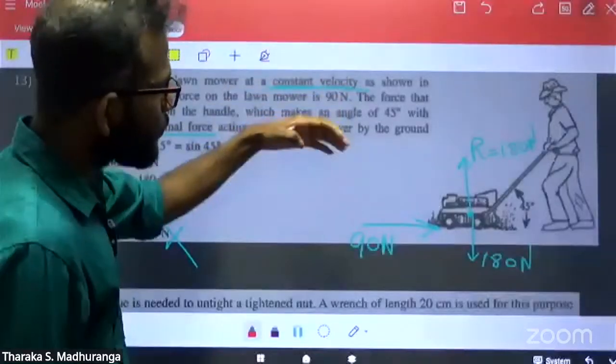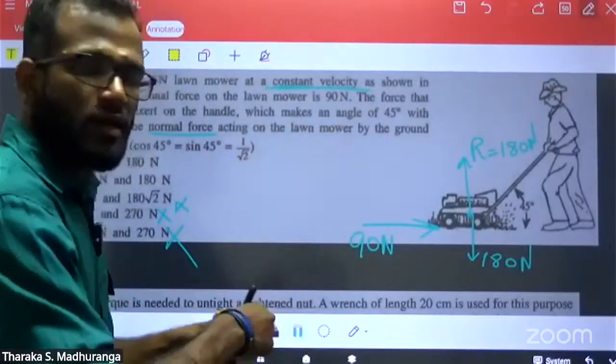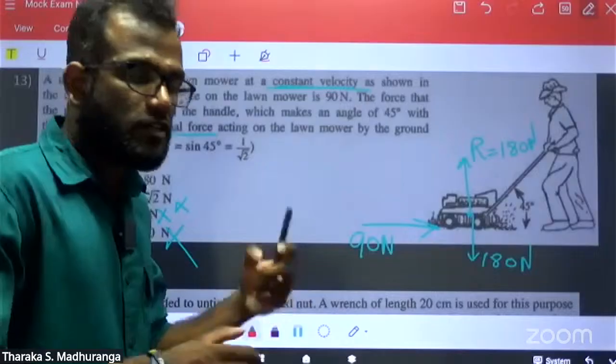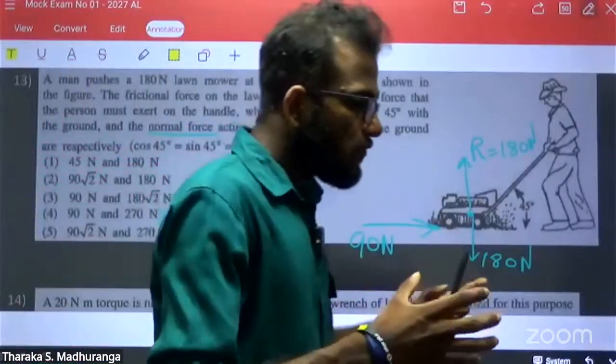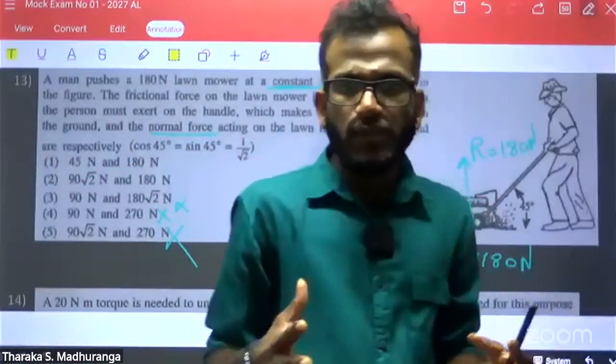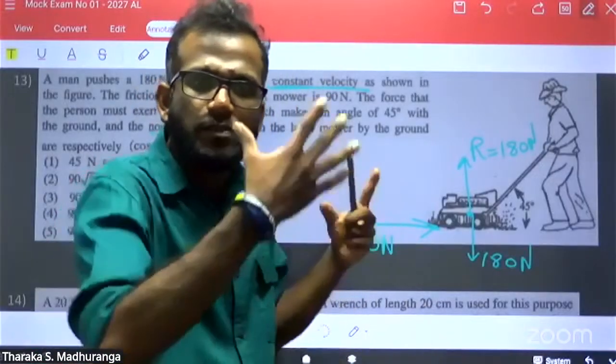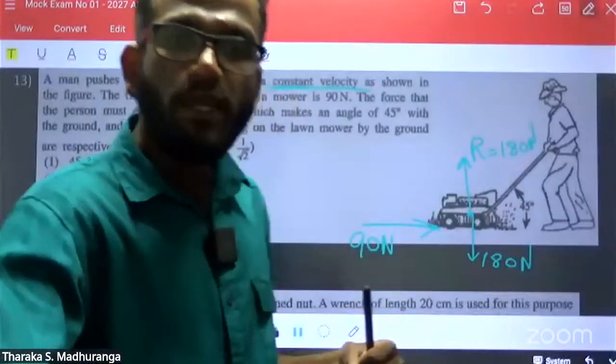Now how do we start to think here? The object is moving with uniform velocity, that means constant velocity. If it is moving at constant velocity, what's the meaning? This object is balanced or unbalanced? The object is already balanced, no?